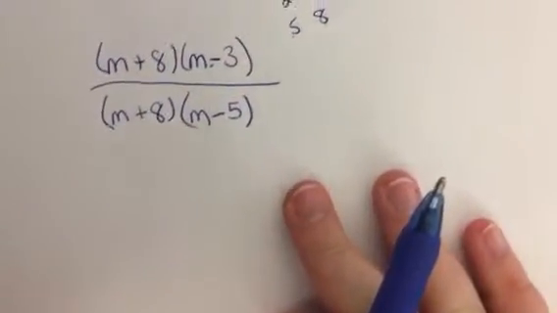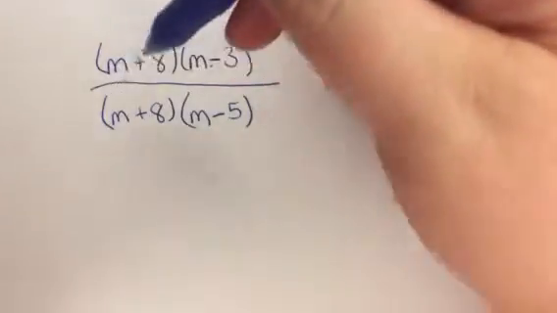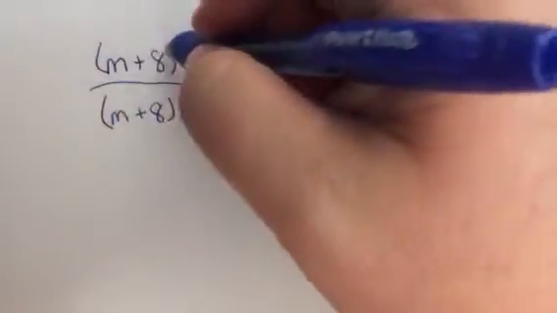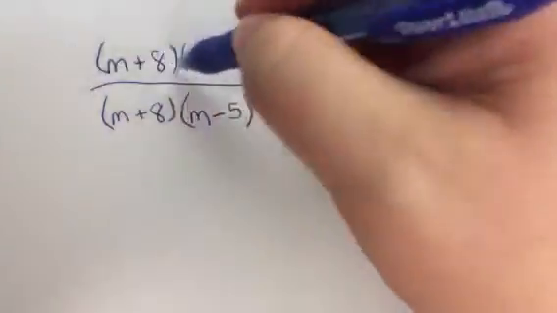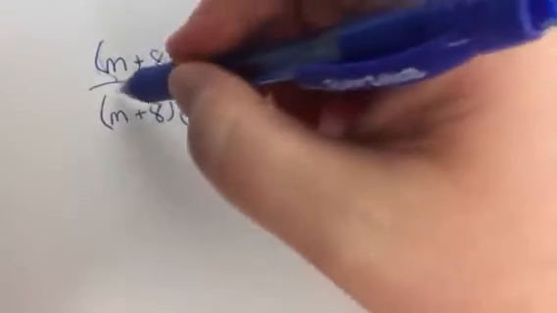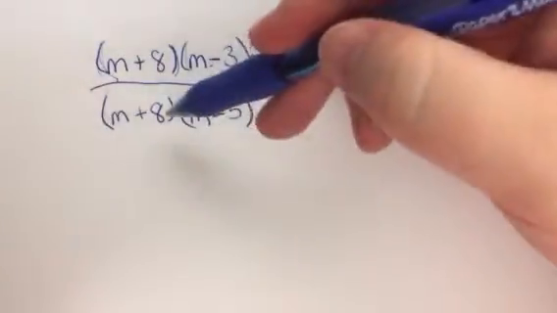So now, simplifying those rational expressions, we look for the factors that are the same in your numerator and the denominator. If you remember from that first video, this whole thing right here, this m plus 8 in the parentheses, this whole thing is a factor. It's one factor. Same thing down here. So right now I'm looking at 4 different factors.